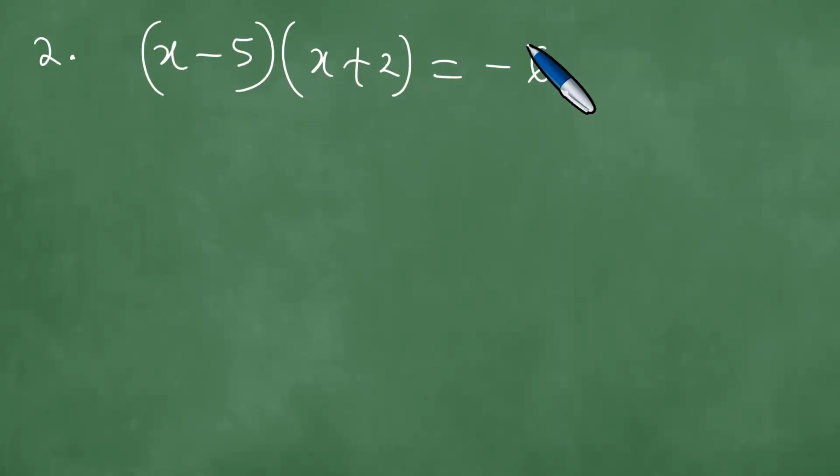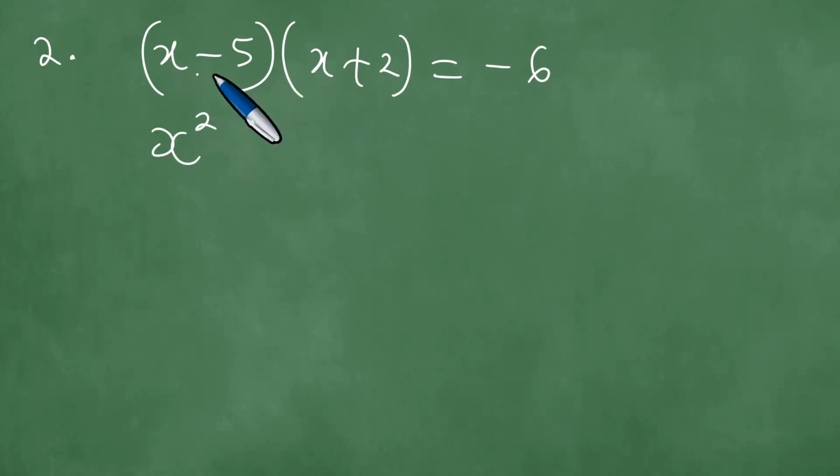I would imagine that at this point, we can have a couple of suggestions. Let's first multiply x by x. What is x times x? It is x squared.